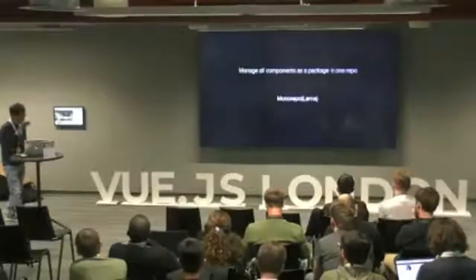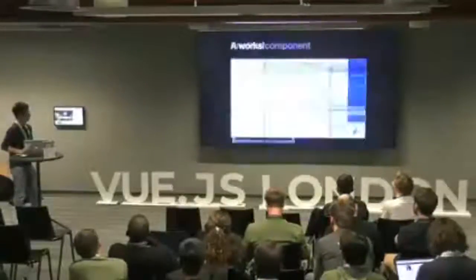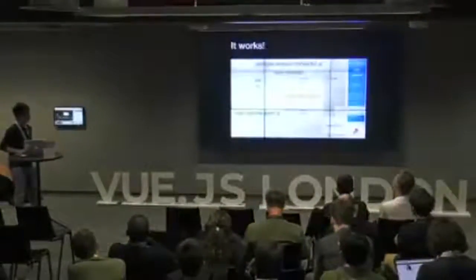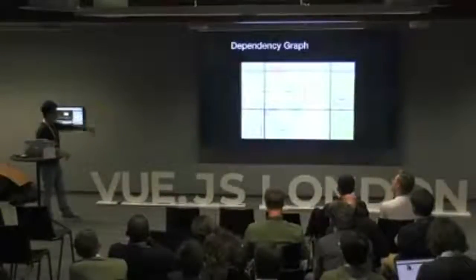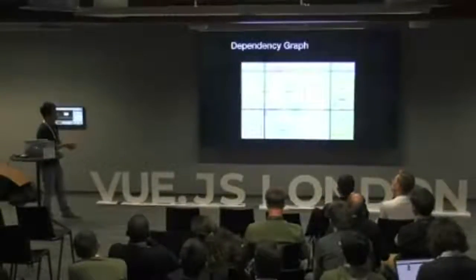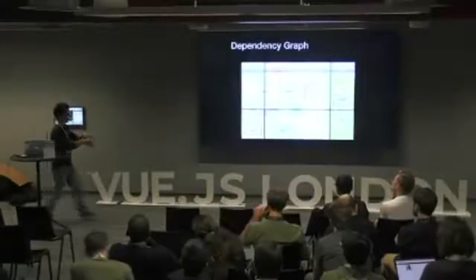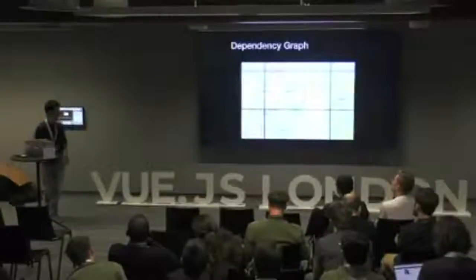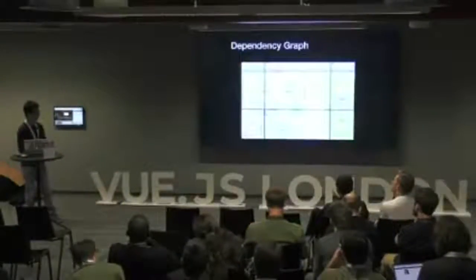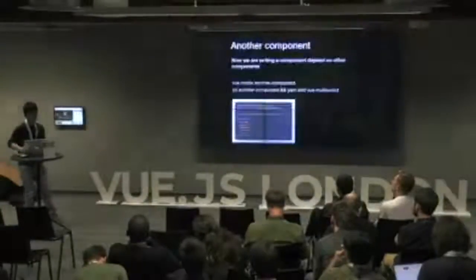So the dependency graph has a special order. For this picture, if we have not compiled package E, when you compile this package, it will give you an error because it cannot find the compiled version of package E. But Lerna tries to solve this problem for you.